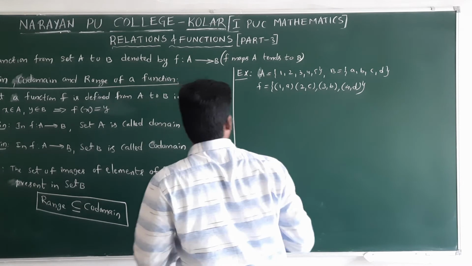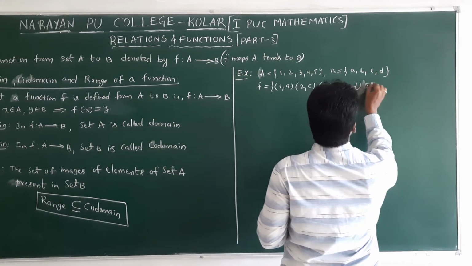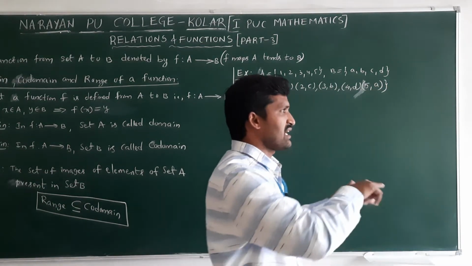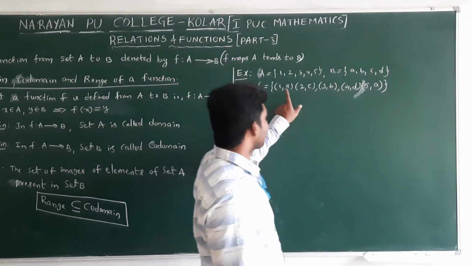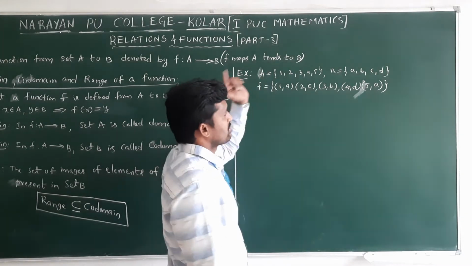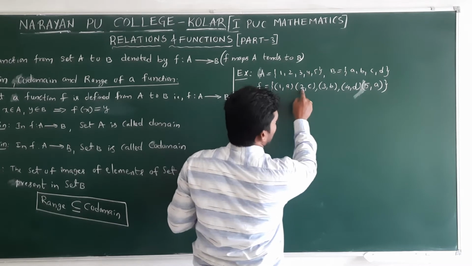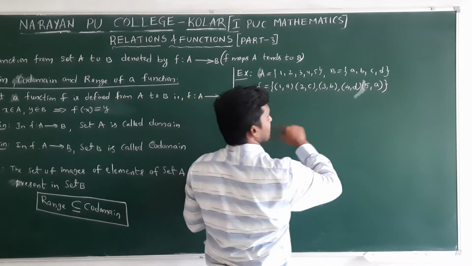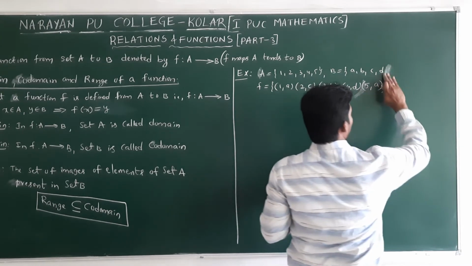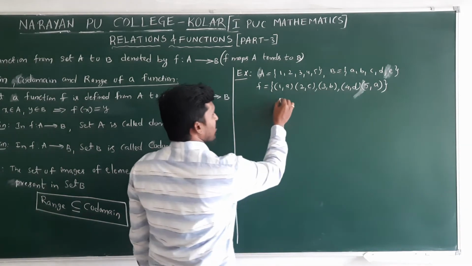Whatever condition we take, no element should be left in set A. That's why we write (5, a). For two different elements having the same image, no problem. But each element having only one image is a very, very important point to remember for a function. Here, f maps 1 to a, 2 to c, 3 to b, 4 to d, 5 to a. I'll take one more element here, that is e, for later use. Now by mapping you can understand easily.